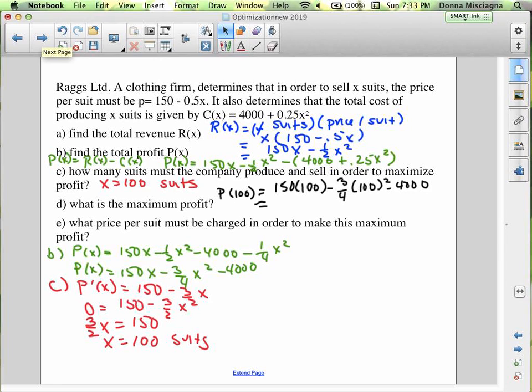So 150 times 100, and then minus 0.75 times, whoops, got a times in there, times 100 squared minus 4,000, so 3,500.